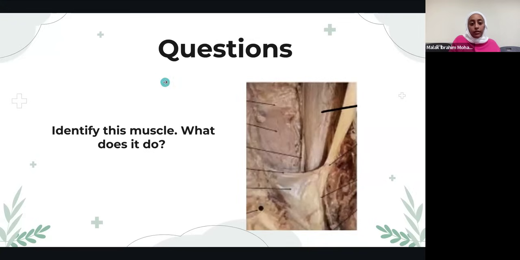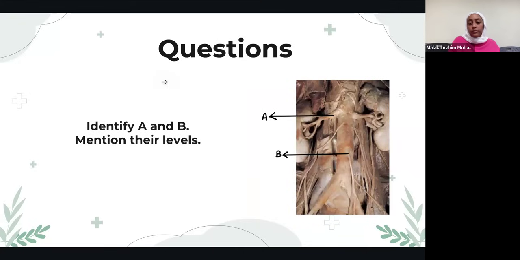Okay, now let's go to the next one. Here, identify A and B and mention their levels. Okay, yes, everyone is getting it correct.